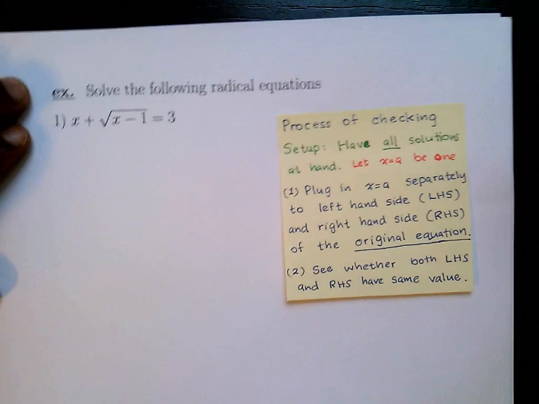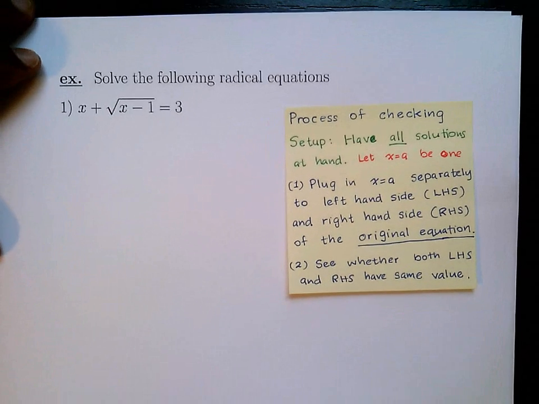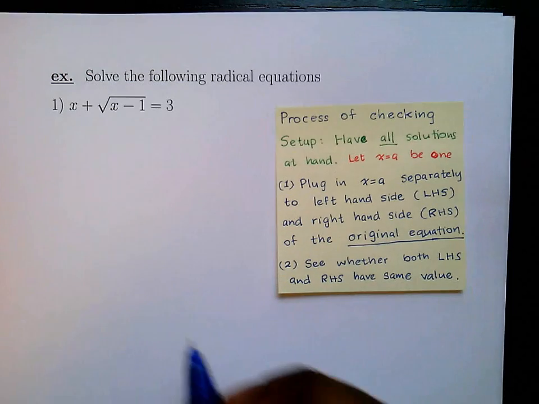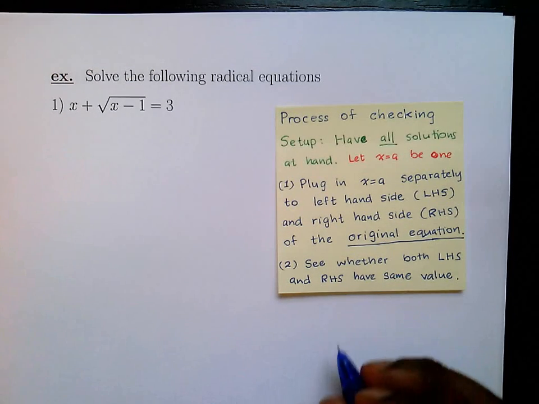Okay, now you will see the same pages, but I just expanded my pages to get some more space here. Okay, so remember how to solve radical equations. Move things over to one side until you get the radical on the other side.